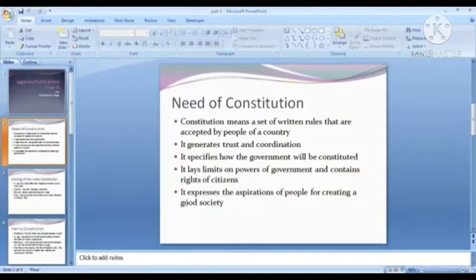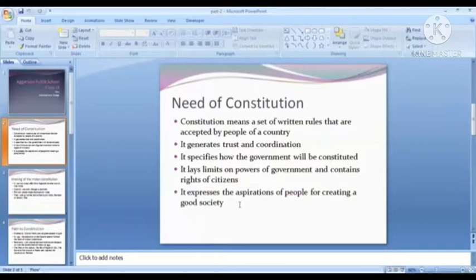Number 4, it expresses the aspirations of people for creating a good society. Mean the aspirations of the people for creating a good society are also expressed in the constitution. Through constitution the majority group can't dominate.